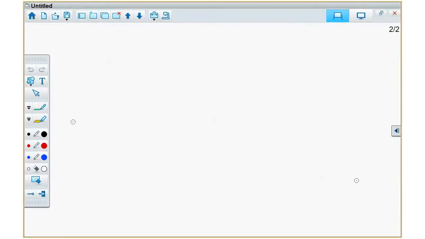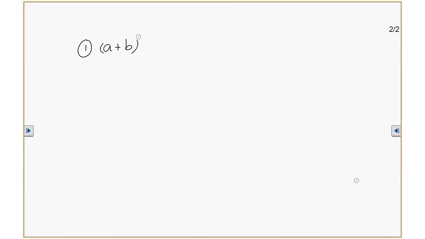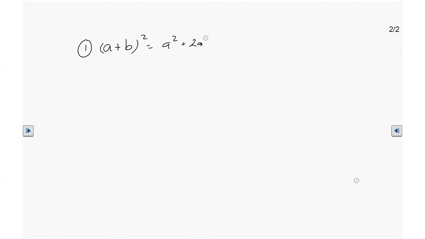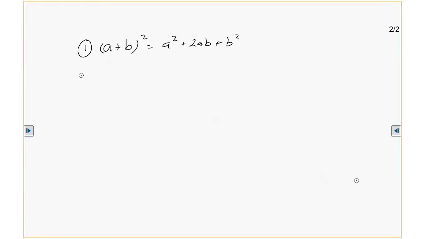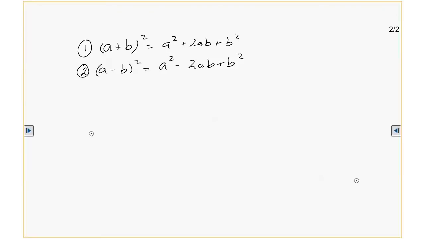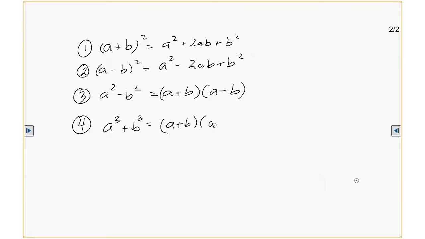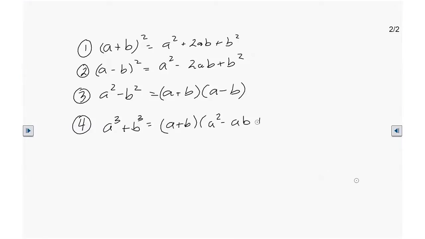The shortcut number 1, a plus b quantity squared is equal to a squared plus 2ab plus b squared. 2, a minus b quantity squared is equal to a squared minus 2ab plus b squared. 3, a squared minus b squared is equal to a plus b times a minus b. 4, a cubed plus b cubed is equal to a plus b times a squared minus ab plus b squared.